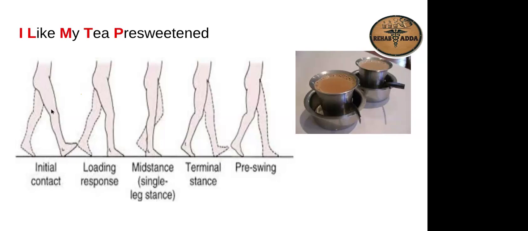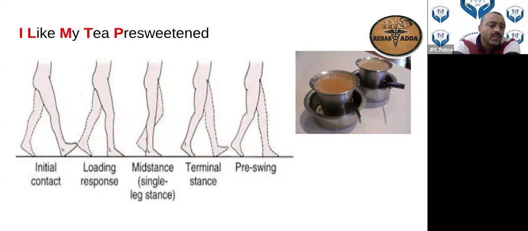And what about the ankle, dorsiflexion, plantar flexion? We will call it neutral. The tibia is forming almost 90 degrees with the lateral side of the sole of the foot.